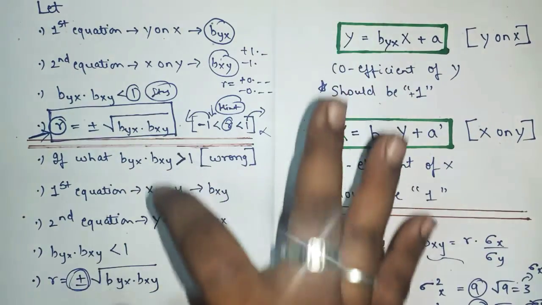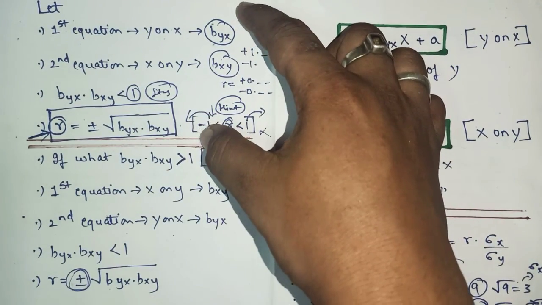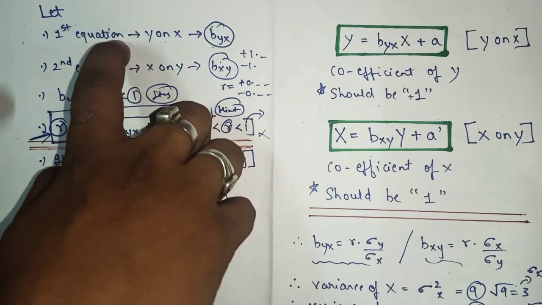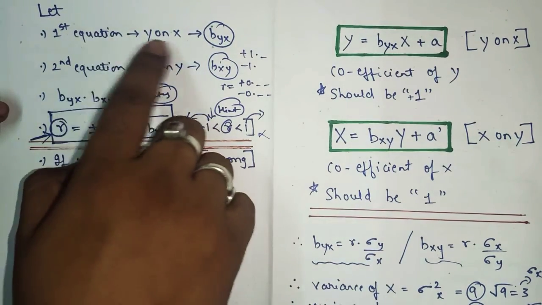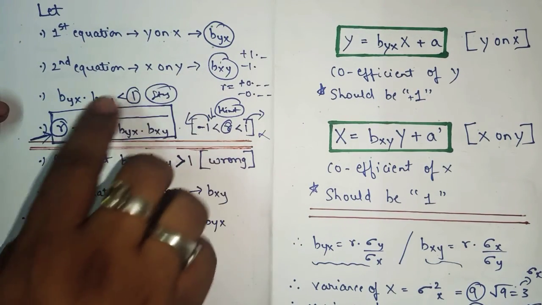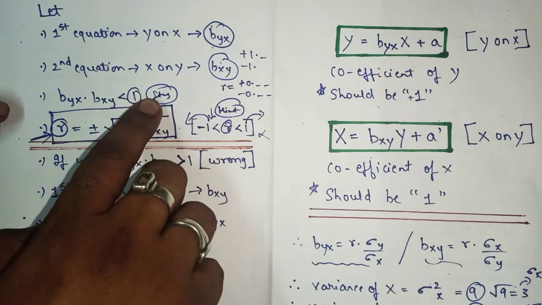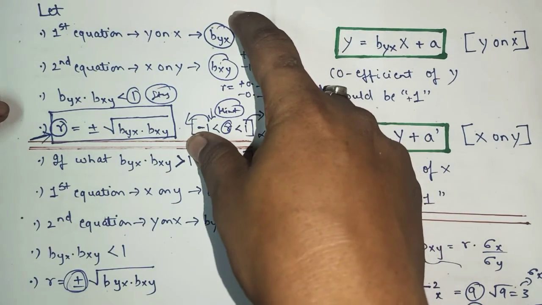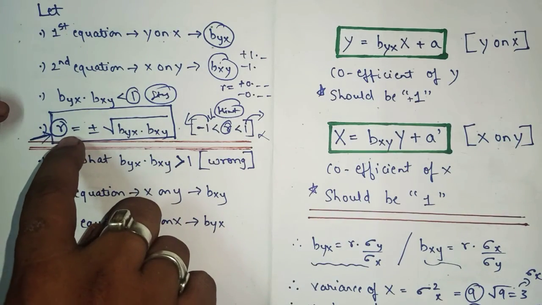So you have to follow these steps, case 1 and case 2. As I told you, in each and every sum you will consider the first equation as y on x only, and the second as x on y. Then you will see the product, which should be less than 1. If it is less than 1, then our assumption is perfect, and then we can find the value of r.